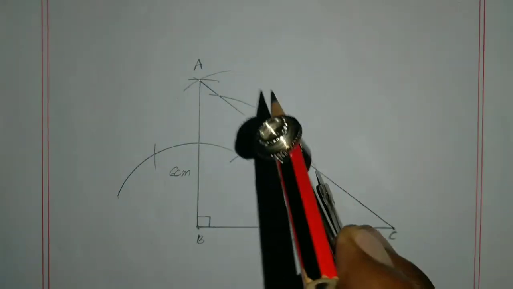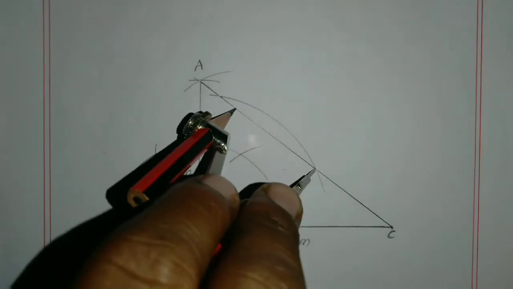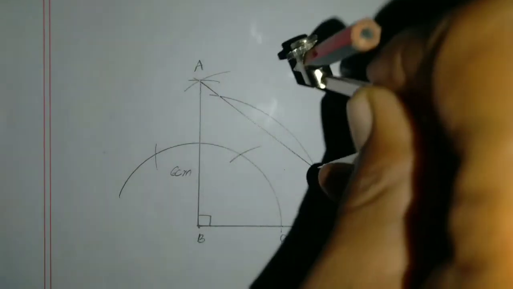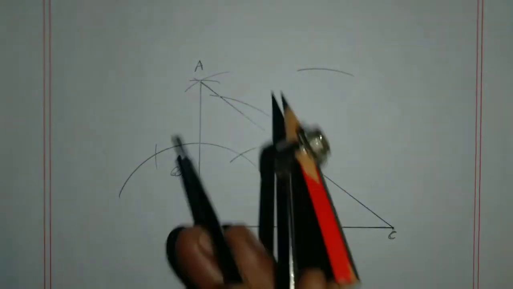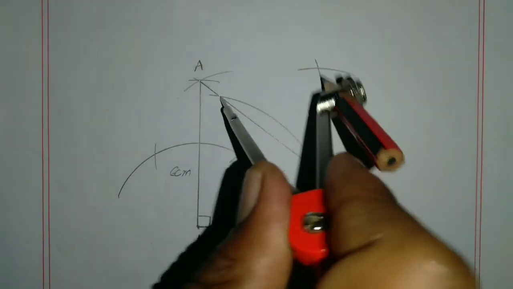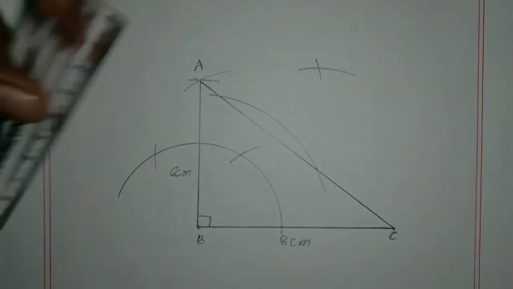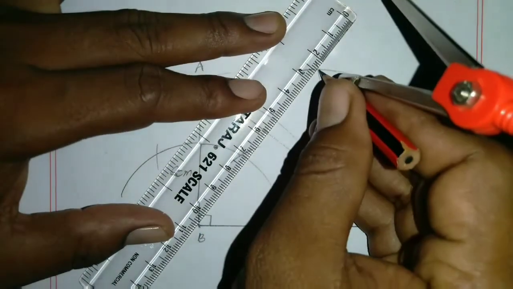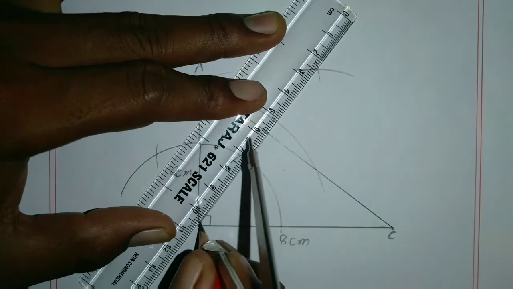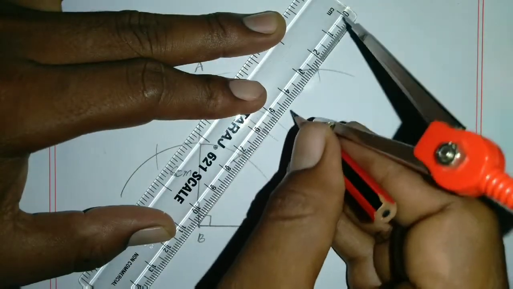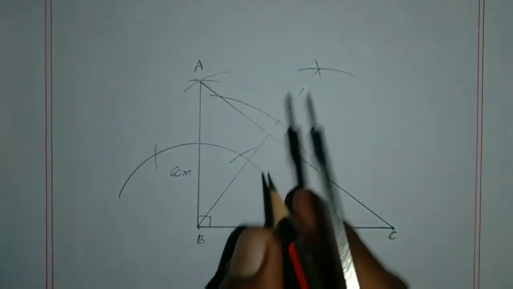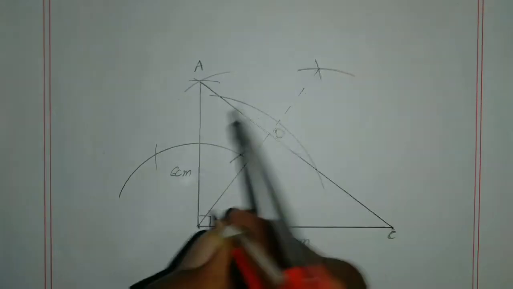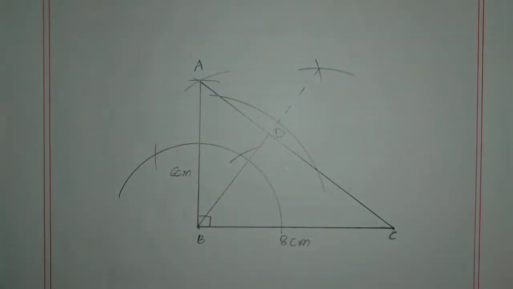Keep on this point. Next you can take more than half, you can draw an arc. Don't change this one. Keep on this point and you can cut it. After that you can join this to B. You can call this one D. So here BD is perpendicular to AC, right?